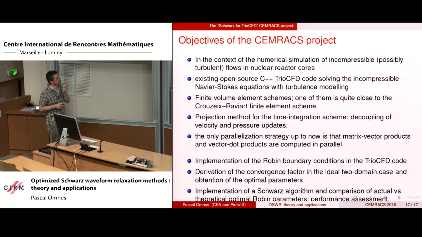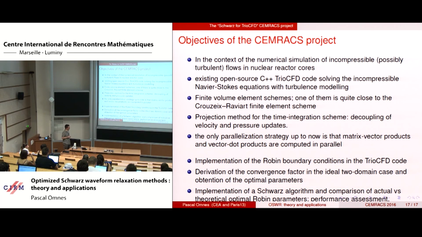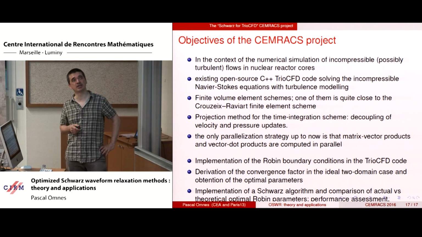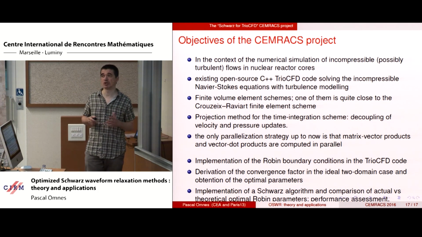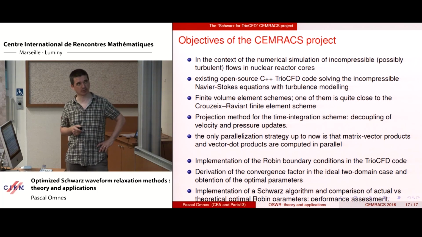And up to now, the only parallelization strategy is that, when they use iterative procedures like conjugate gradient or GMRES, you need to perform matrix vector products and vector dot products, and these are computed in parallel. That's the only parallelization strategy that I have up to now.